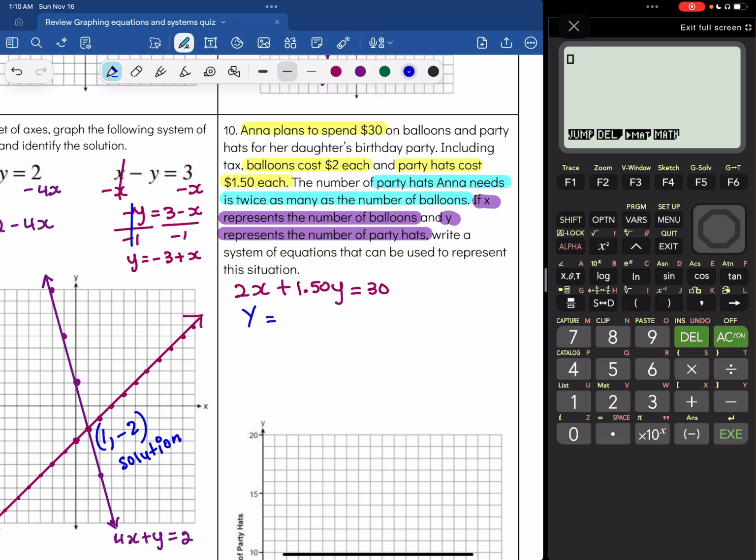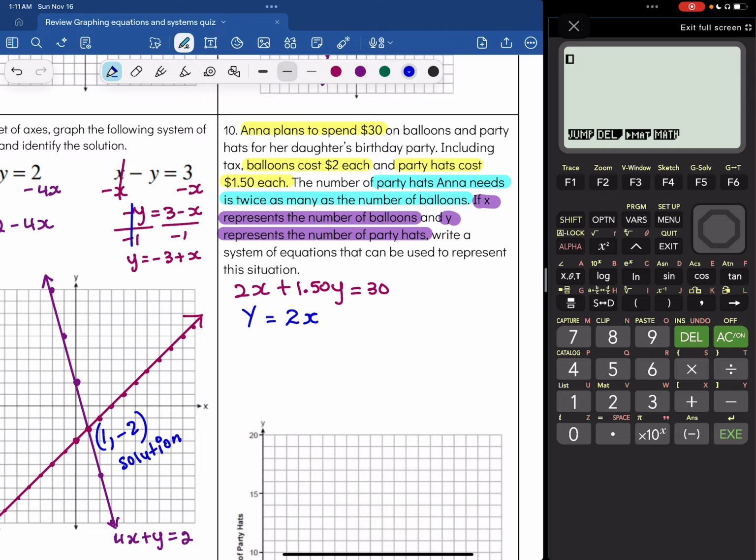Two times that amount. It's doubling. So party hats is twice, two times the number of balloons, and balloons is represented by X. So it's Y equals 2 times X, right? Twice the number of balloons. That part's a little bit tricky. You just got to think of it carefully.